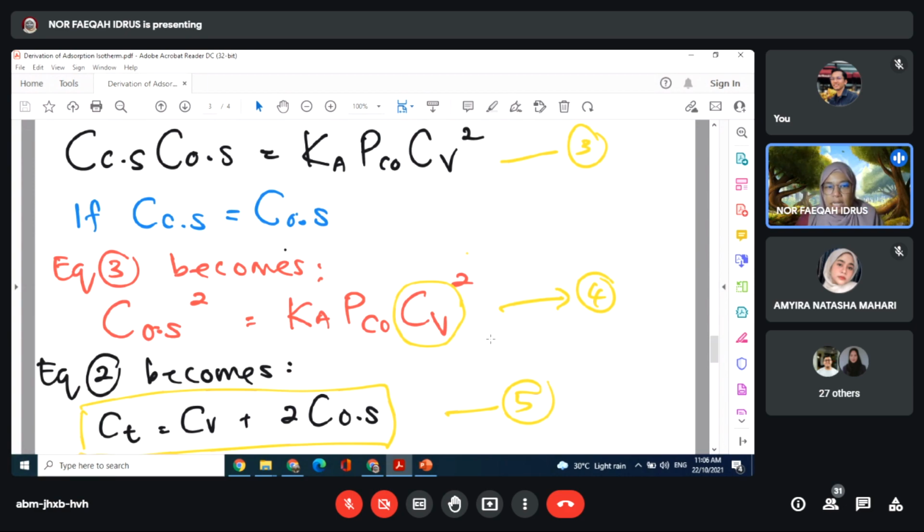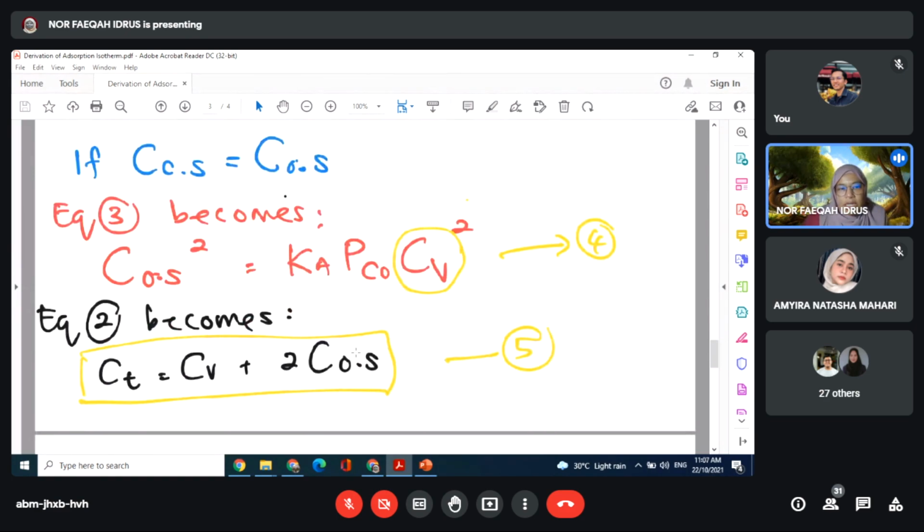Okay, so in this case, I want to write the adsorption of oxygen. So for the adsorption of oxygen, that's why I solve for oxygen and eliminate the carbon term.